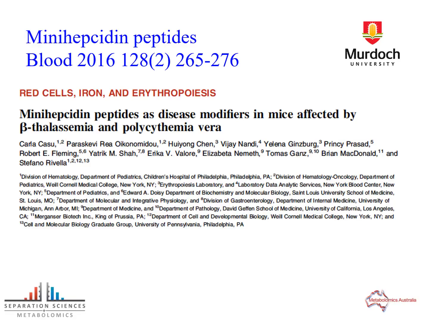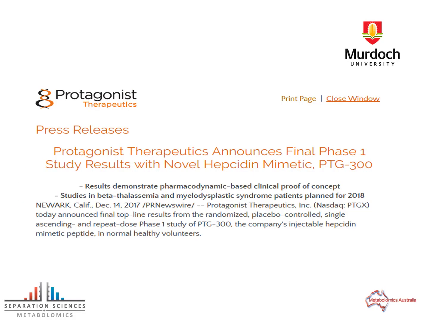And just this year, a company, Protagonist Therapeutics, have announced that they're doing clinical trials using a novel hepcidin mimetic, which they call PTG300. So all of it is quite promising, because whilst at the moment their target is beta thalassemia, in the long term, it's certainly hoped that this could be utilised for hemochromatosis patients, etc.